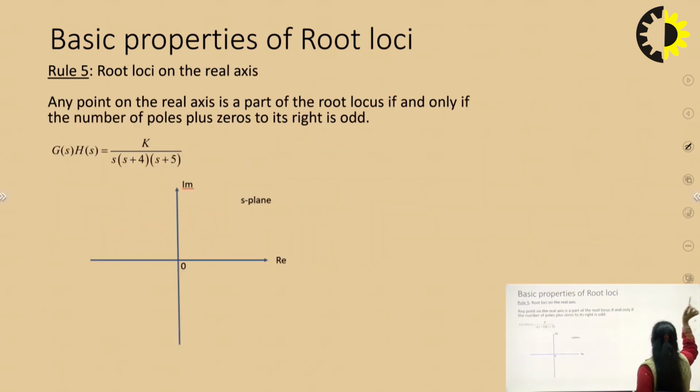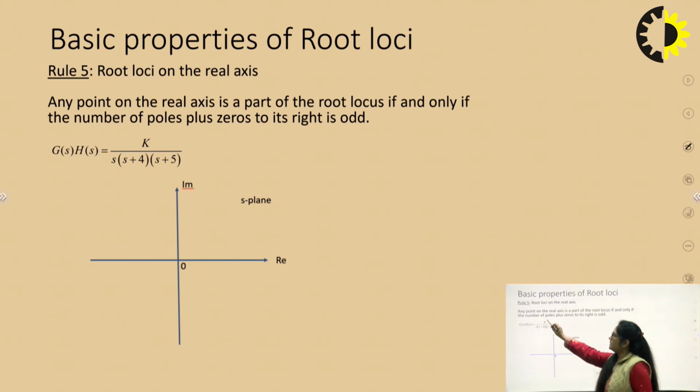Rule number 5. Let us see what rule number 5 is. Rule number 5 lets us know where on the real axis the root loci will be. Any point on the real axis is a part of the root locus if and only if the number of poles plus zeros to its right is odd, right?